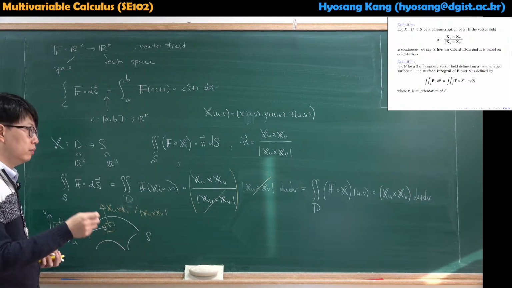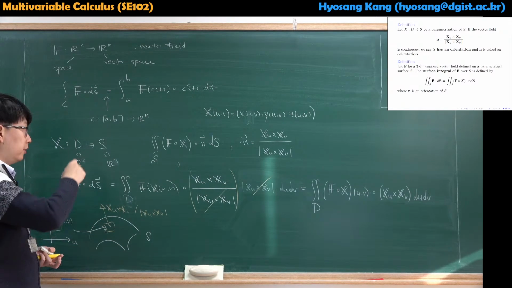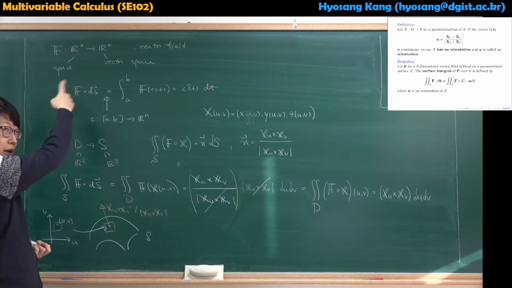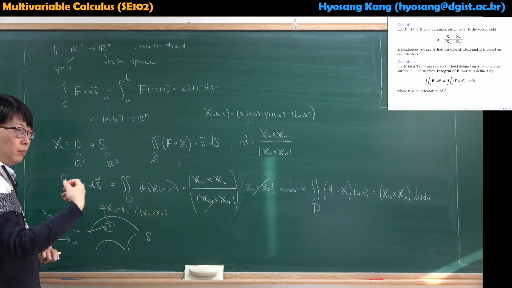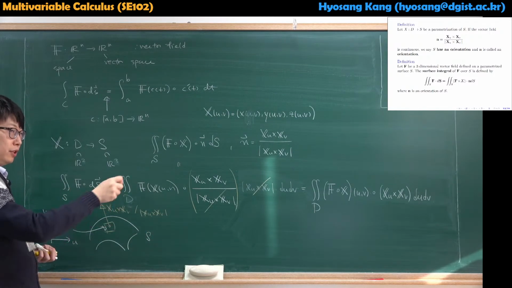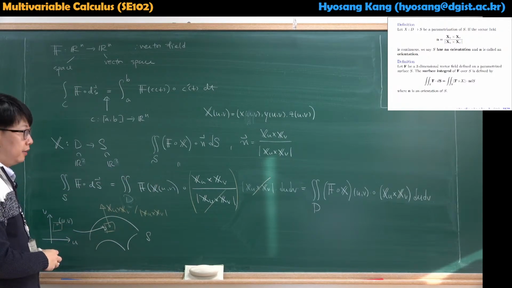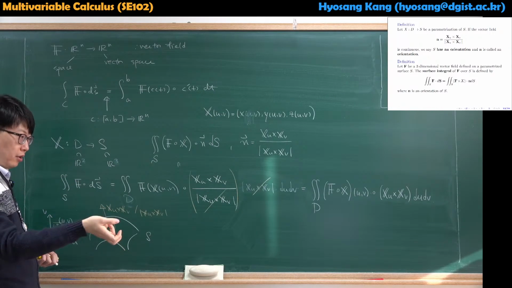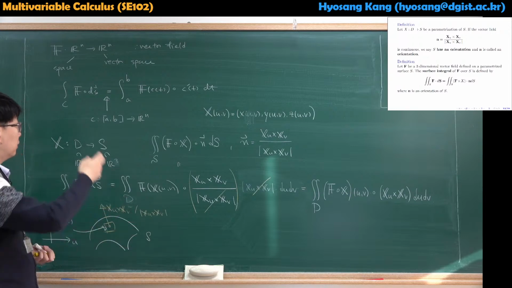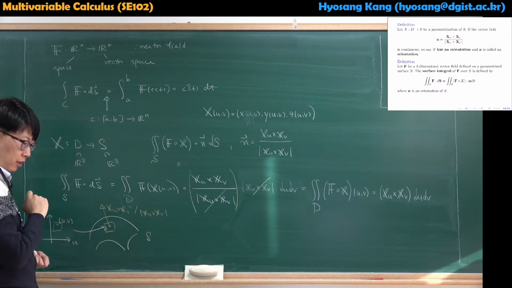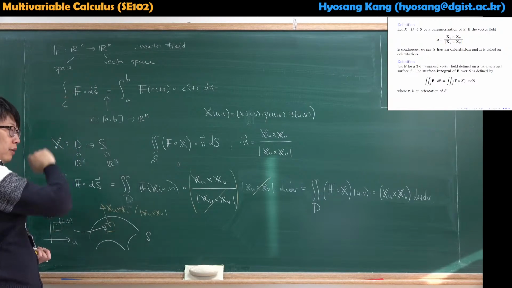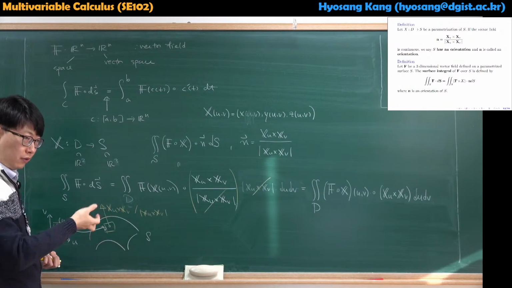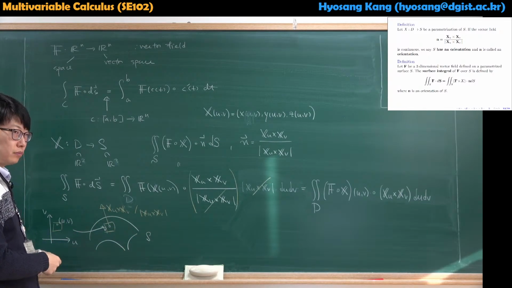And suppose that you want to move your particle along the specific curve C lying inside of this space, then this line integral gives the amount of work that you need to apply to this particle to move it along this curve C. Or in other words, if you observed that the particle is moved along this curve C, where the force field is applied by this vector field, then this line integral gives the amount of work that the vector field has done to this particle. Okay.